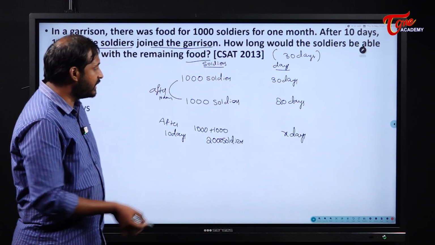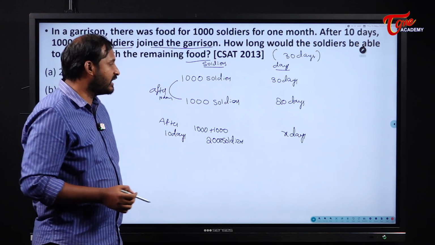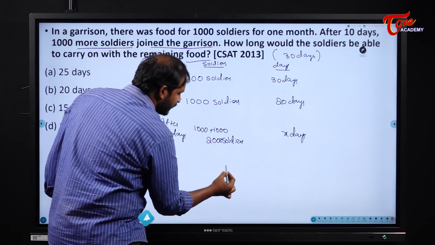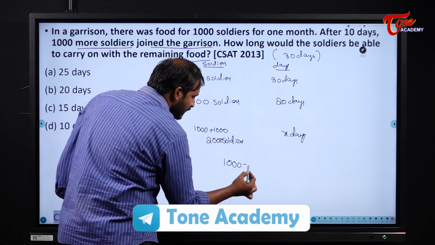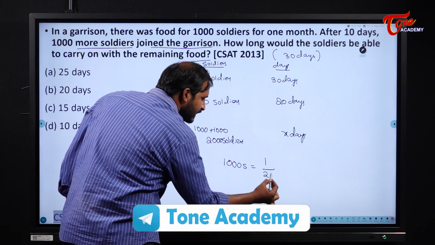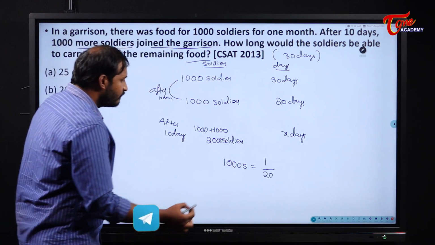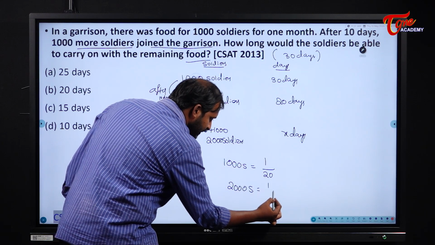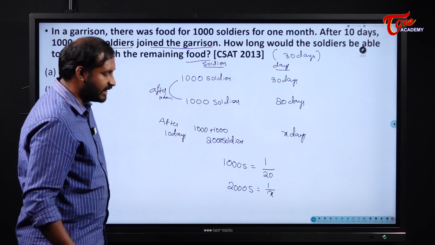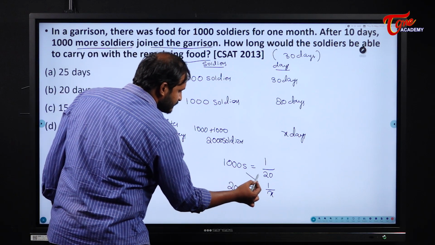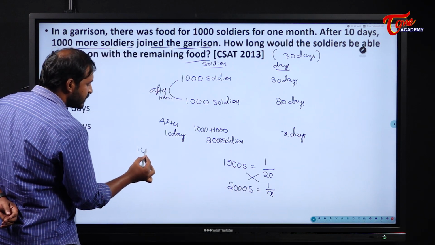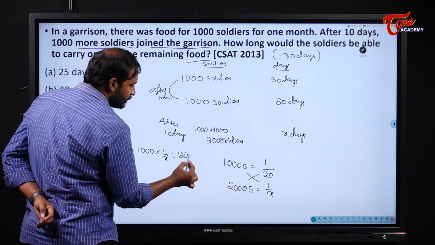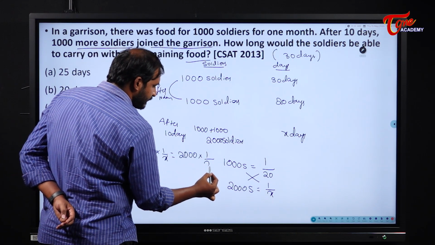See here, students, just now we solved how to write the relation between them. For 1000 soldiers, the food will last for 20 days, so we write it as 1 by 20. For 2000 soldiers, the food will last for x days, so we write it as 1 by x. Now cross multiply. 1000 into 1 by x is equal to 2000 into 1 by 20.